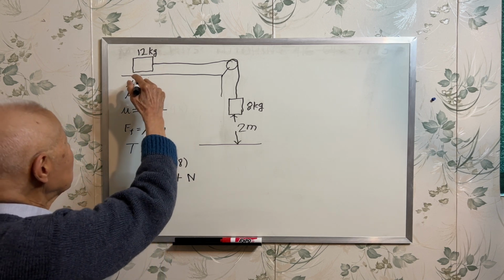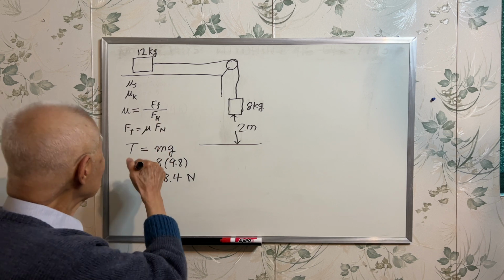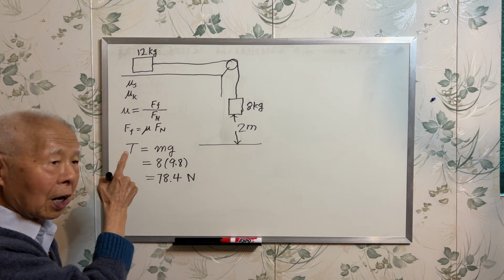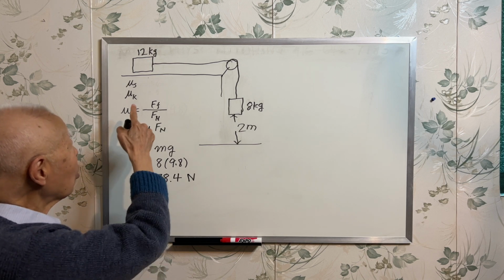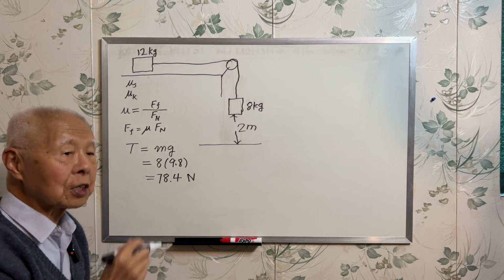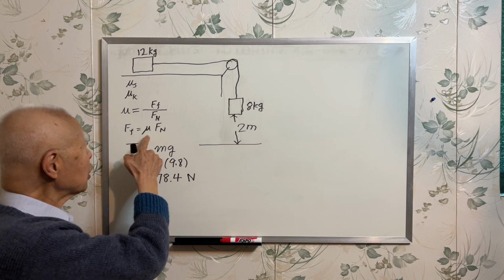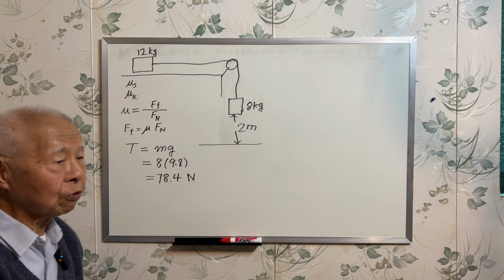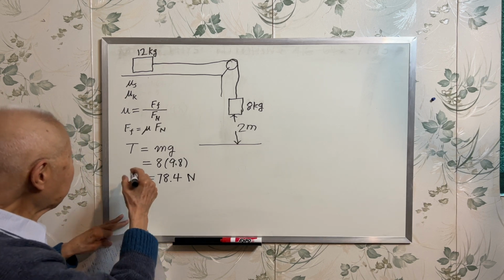What is the force of friction? So the force of friction is this. This is the formula. Because we are considering that nothing moves, this mu is the static coefficient of friction. So let's compare that.